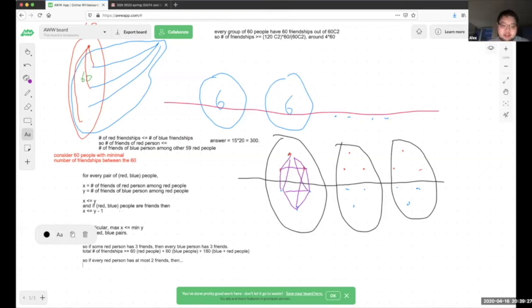Because then the number of red friendships is at most 2 times 60 over 2, which equals 60, by double counting. For every red friendship, you count it by each of the people in the friendship, so you have at least 120 counts, but every person has at most 2, so it has to be equality.